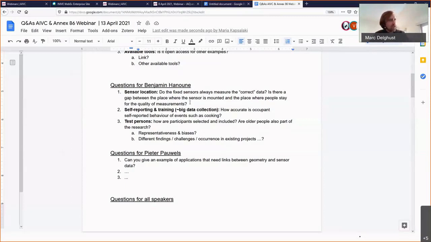An interesting question that was asked was, do the fixed sensors always measure the correct data? And what is the gap between the place of the sensor within the building compared to where the person is? So you could also translate that to your case: how do you deal with that mismatch between the two? Because you said we can have very accurate location sensors and less accurate personal sensors, but they're not at the same spot. So how do you deal with that?